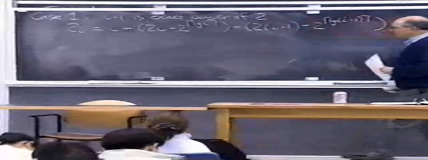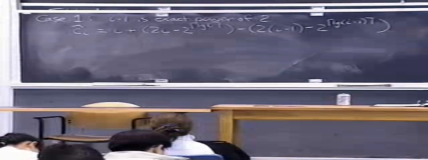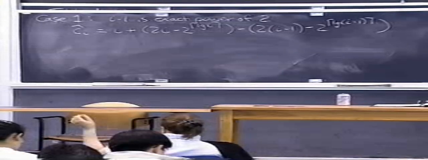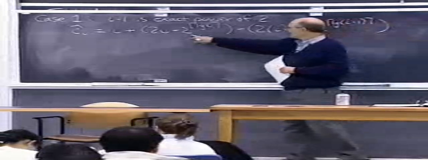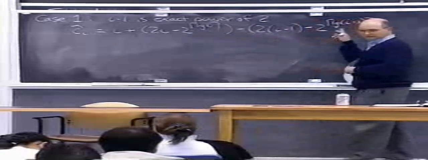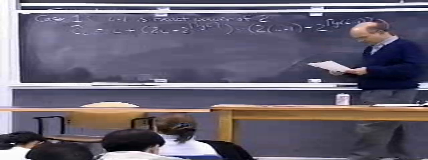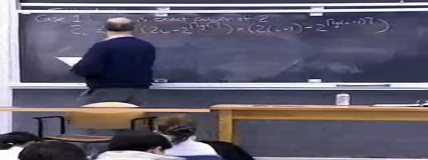Okay, so that's what it is when I minus 1 is an exact power of 2. But if I know I minus 1 is an exact power of 2, now I'm in a position to evaluate some of these hairy formulas. Okay? So what is that equal to?